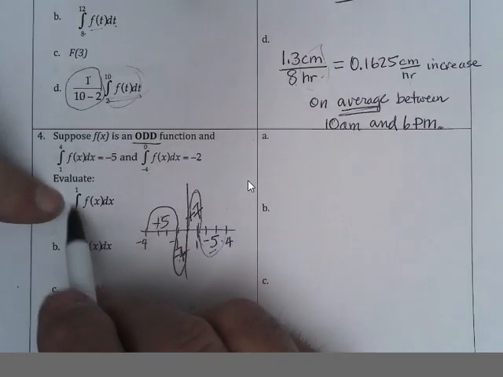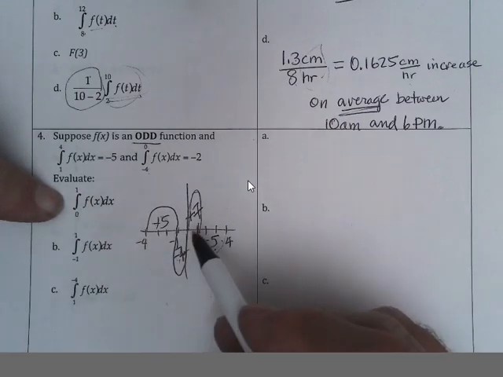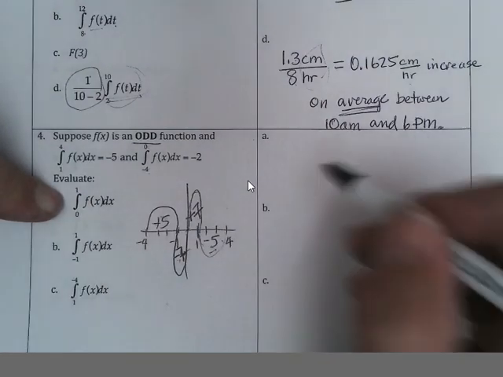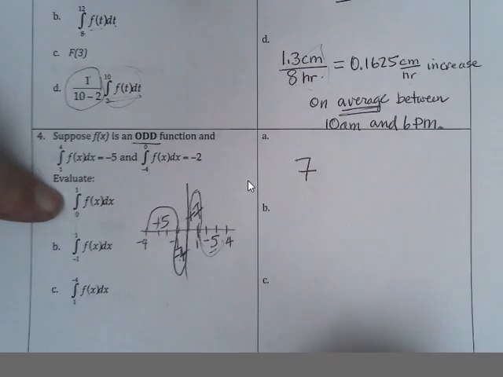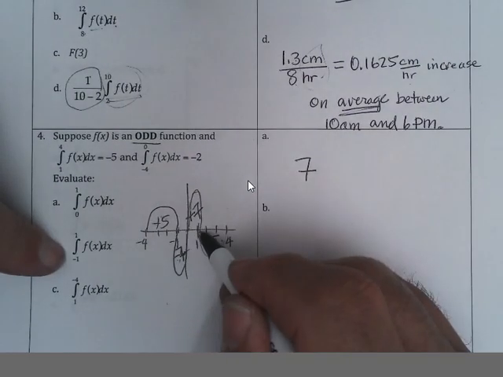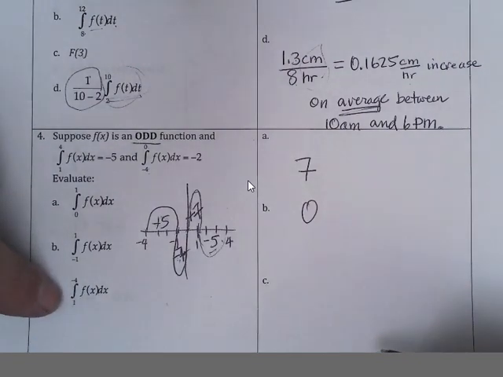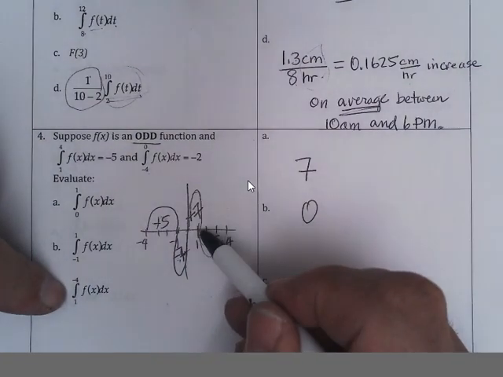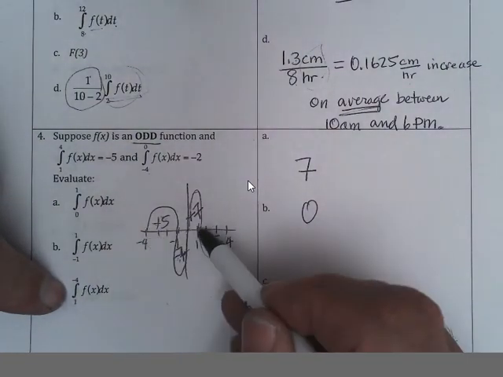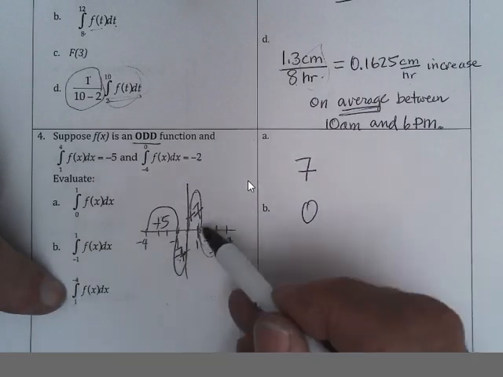And we can look at how much did it change between 0 and 1? Between 0 and 1, it's 7. From minus 1 to 1, it's minus 7 plus 7, total of 0. And from 1 to minus 4, ooh, that's backwards.